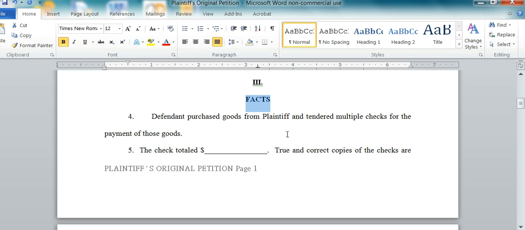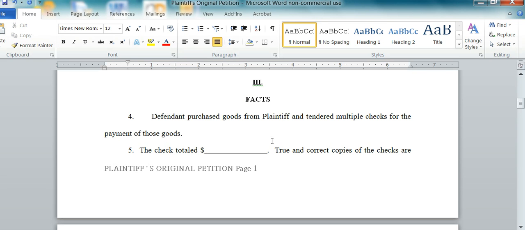Depending upon what type of case it is, the facts could be anything. It could be a fraud case. It could be a personal injury case. There are countless causes of action that can be brought, and what all of these petitions have in common is that at some point in the petition, those facts are going to be set out.